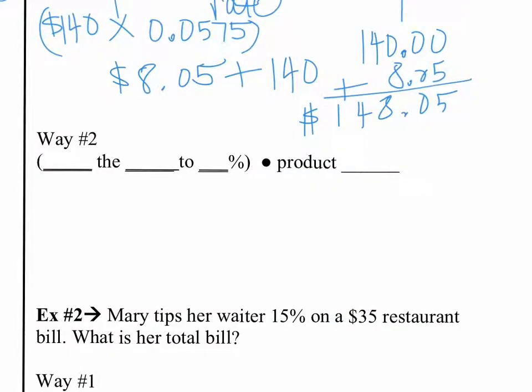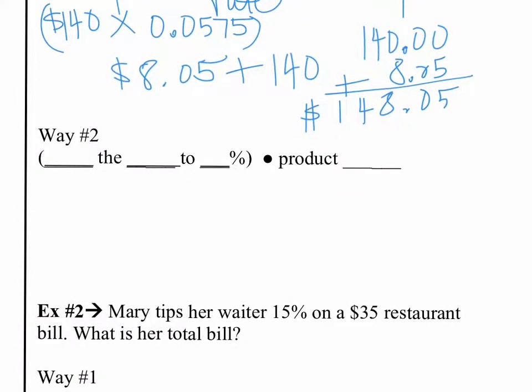Way 2 for this example is where you add the tax rate to 100% and then multiply by the product price.